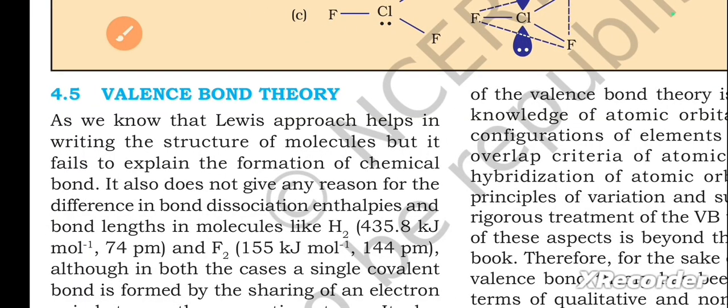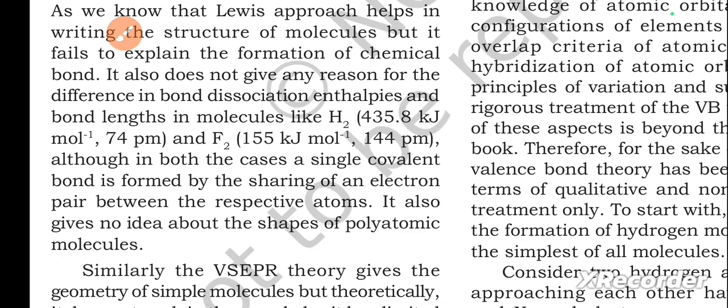As we know, Lewis' approach helps in writing the structure of molecules, but it fails to explain the formation of chemical bond. It also does not give any reason for the difference in bond dissociation enthalpies and bond lengths in molecules like H2 and F2, although in both the cases a single covalent bond is formed by the sharing of an electron pair between the respective atoms.